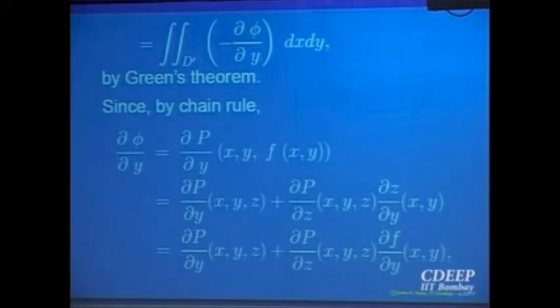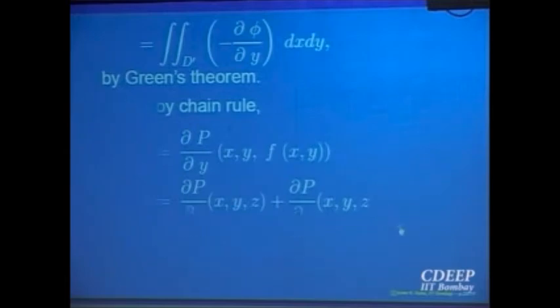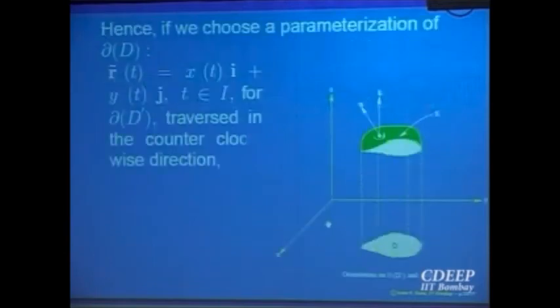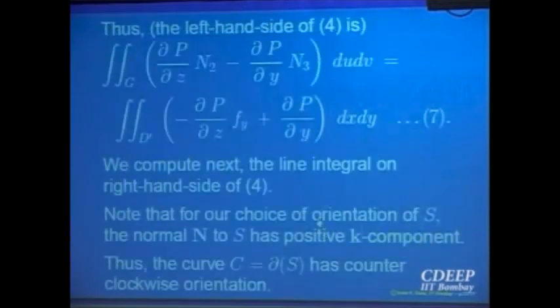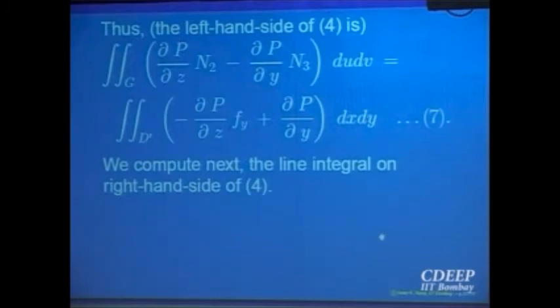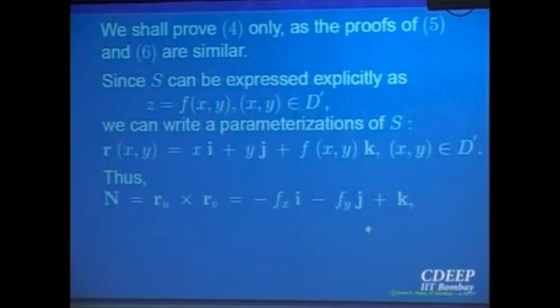Okay. Let me go back and say, up to here it is okay. On one side we have got this double integral, which we want to show is equal to the integral of P dx over the boundary of C. If you want, I will go one step more back, or two steps back.